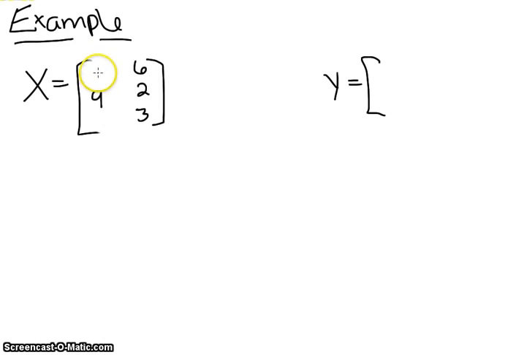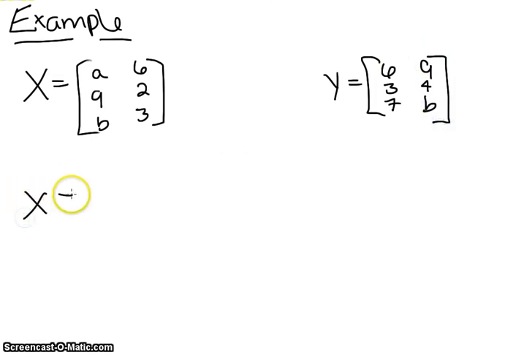Let's have A and B again. And then for Y, let's do 6, and then 9, and then 3, and then 4, and then 7, and then a B.